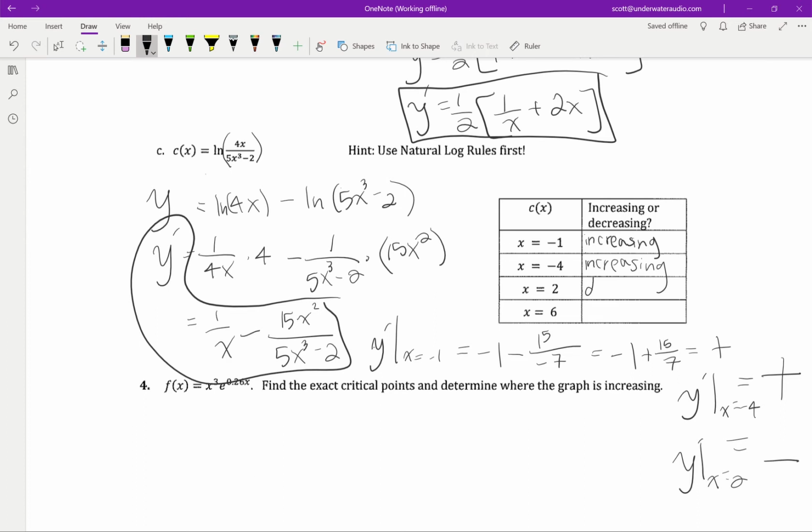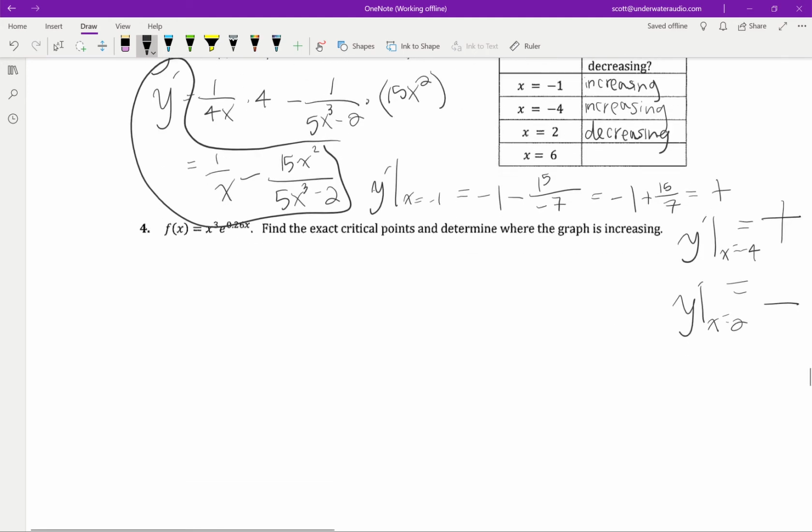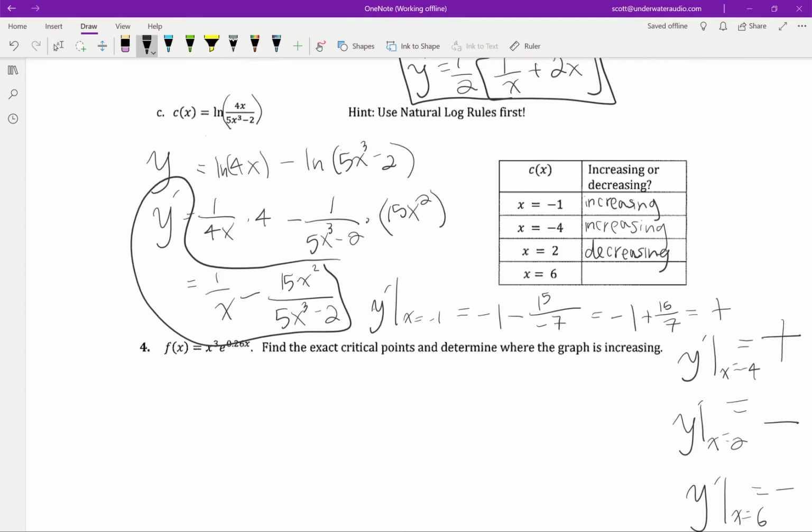It tells me it's decreasing. Okay, and then now I'll try plugging in 6. Alright, and I get something negative. So y prime evaluated at x equals 6 is also something negative, so I know it's decreasing.